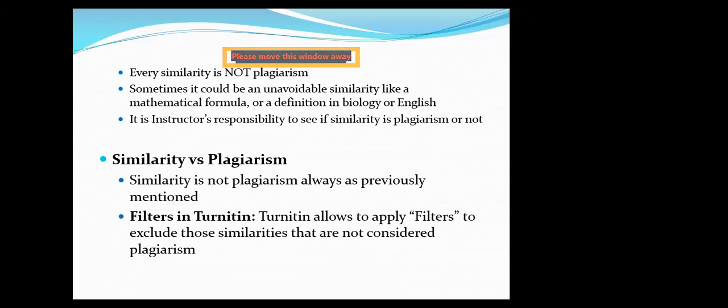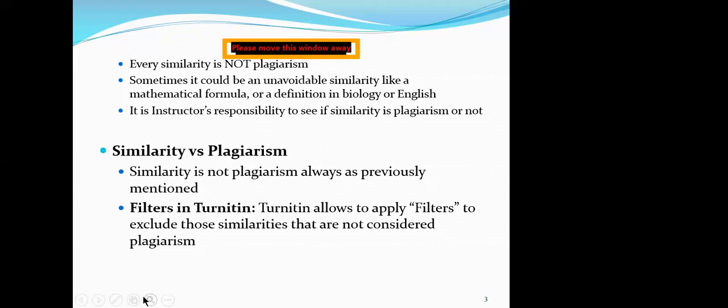It is the instructor's responsibility to see whether a similarity is plagiarism or just an unavoidable similarity. So how does Turnitin help us in that? There are filters in Turnitin, and those filters help us in assessing that.